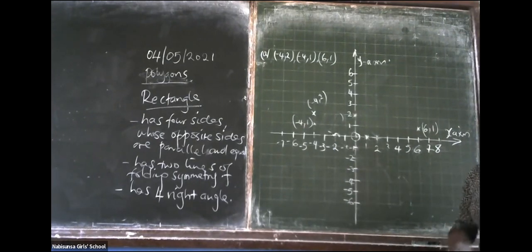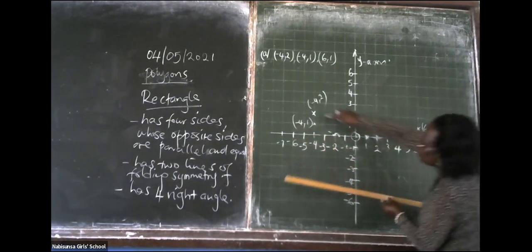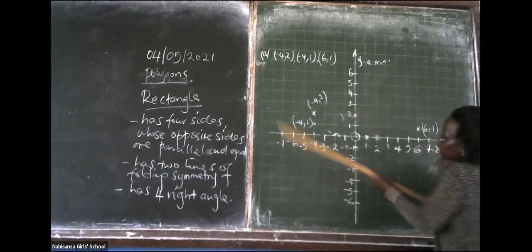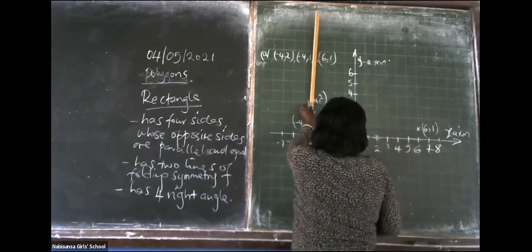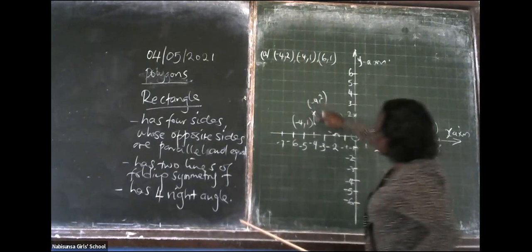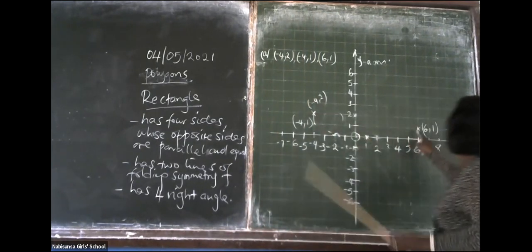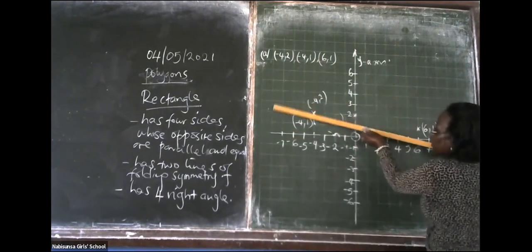Now, supposing we were to join the first point to the last point, would we have a right angle?